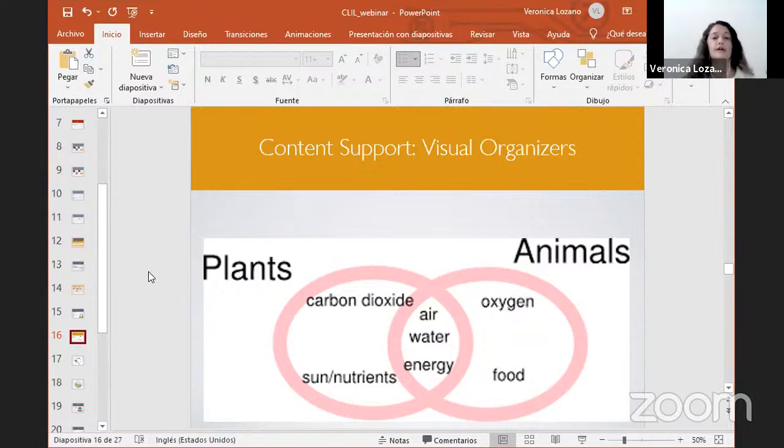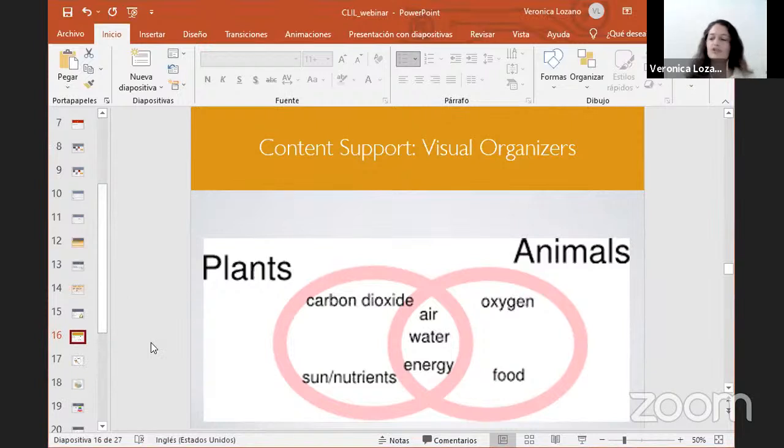Yes, okay, so similarities and differences, right? If you look at the sections where the circles do not intersect, that would be their differences. Plants need carbon dioxide, sun, nutrients, animals need oxygen and food, but their similarities, what they have in common, is air, water, and energy, right?